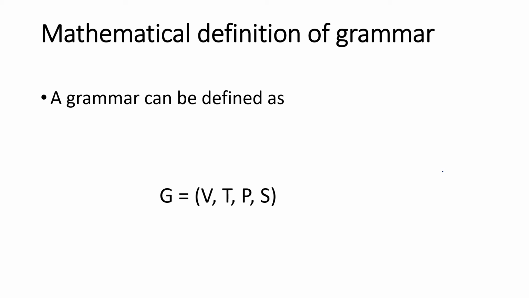What is V? V is the set of non-terminal symbols that we have seen. T is the set of terminal symbols, which ultimately we are going to derive in some particular order.